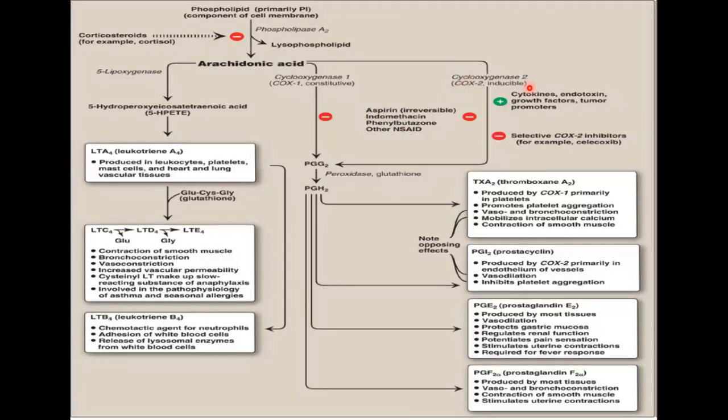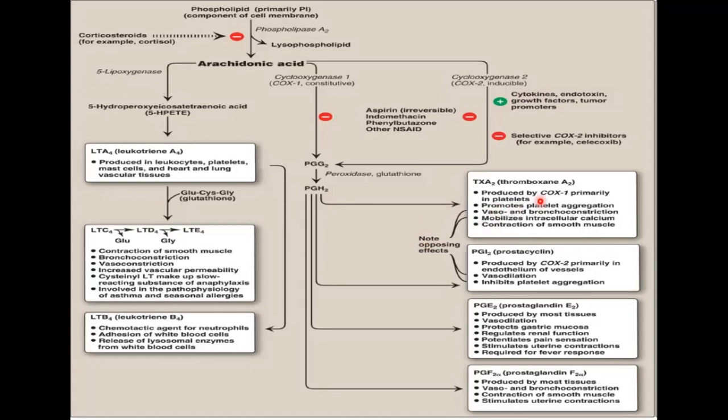Then COX-2 is inducible, so it is induced by cytokines, endotoxins, growth factors, and tumor promoters, and inhibited by the selective COX-2 inhibitors, the COXIB drugs such as celecoxib. Okay.